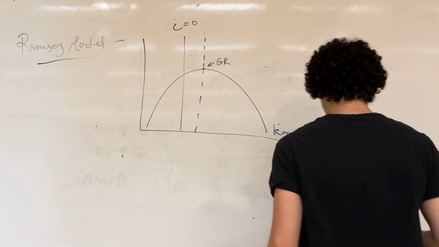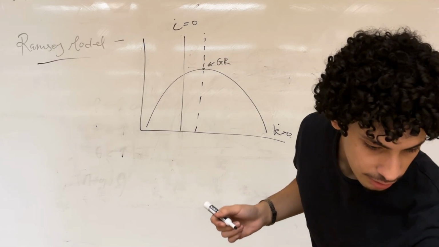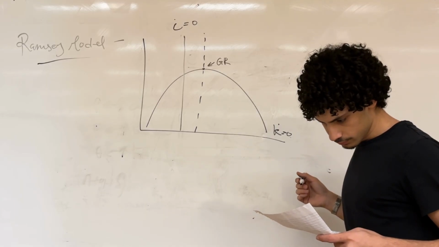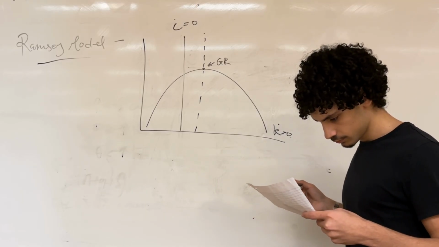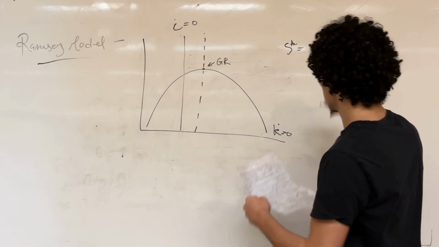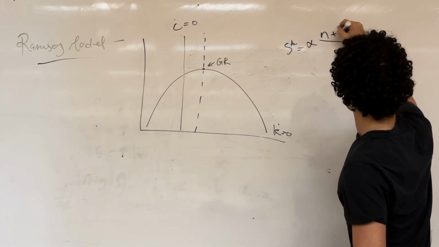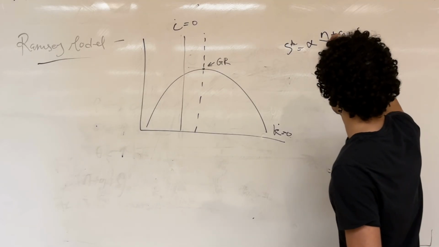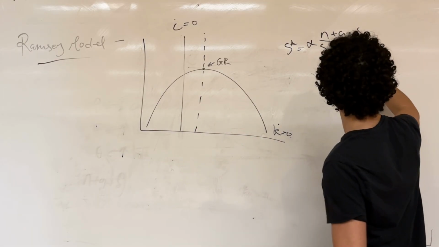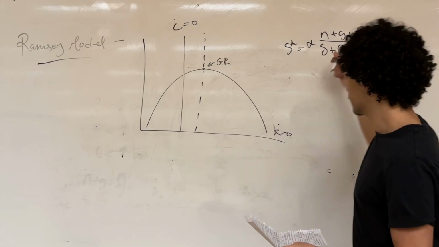The reason why is, another way of showing this, the savings for the Ramsey model is A, n plus g plus delta, the outflow that we had before, plus new parameters that I erased, rho plus theta g. This g is the same g as there. This is the impatience.